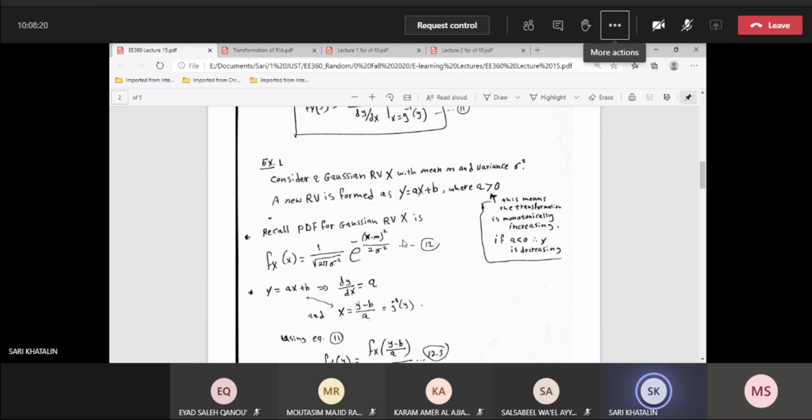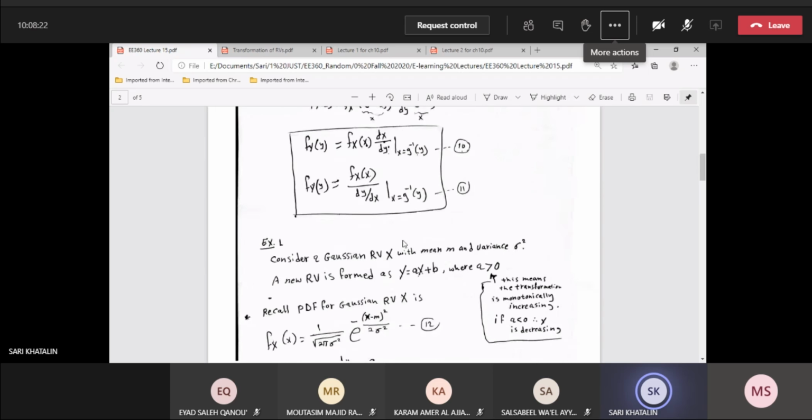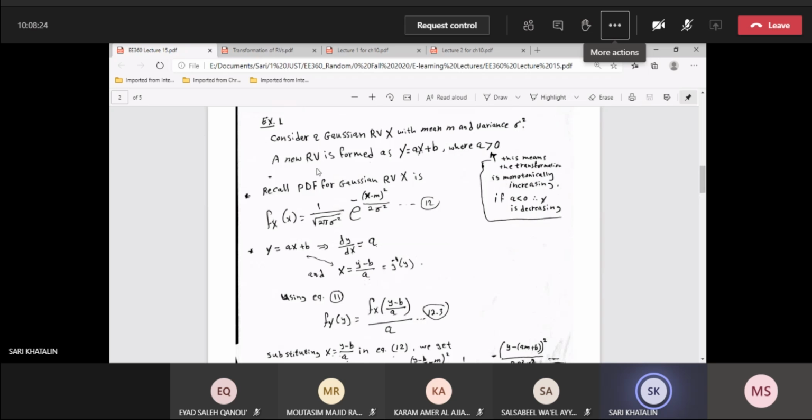For example 1 here on page 2, we consider a Gaussian random variable with mean m and variance sigma squared, and we need to form a new random variable y, which is a function of x, equal to ax plus b, where a is larger than 0.